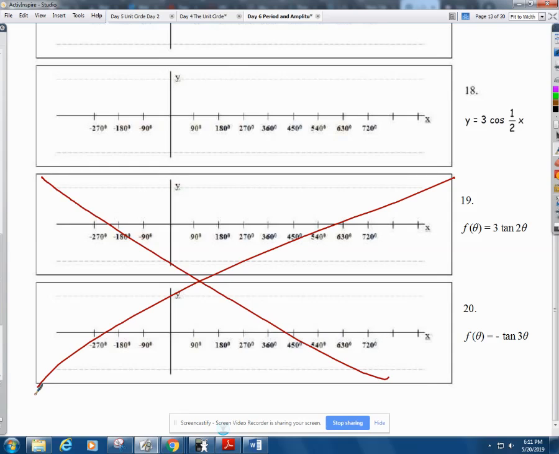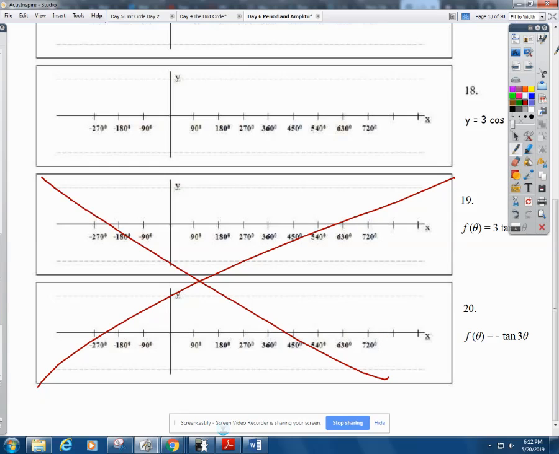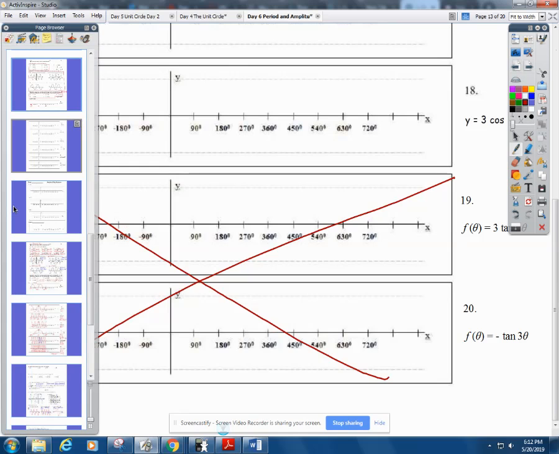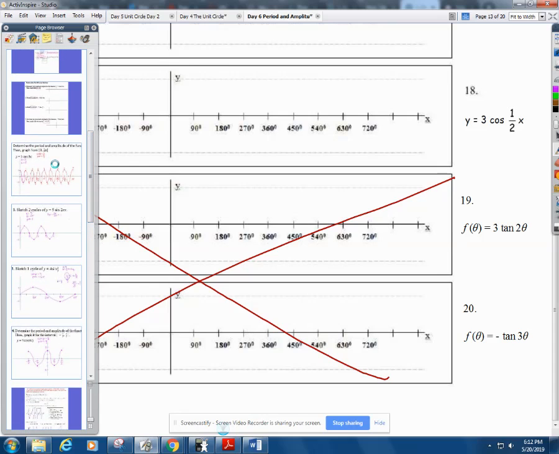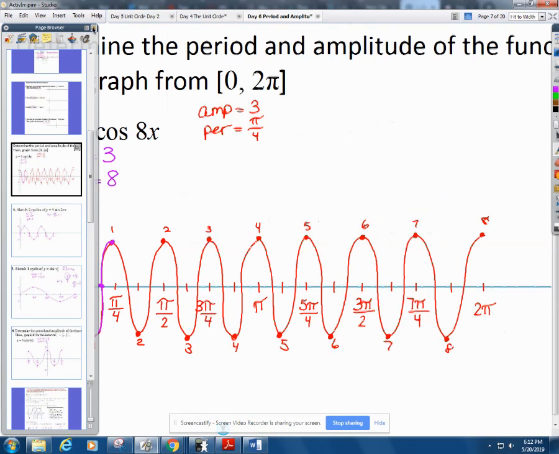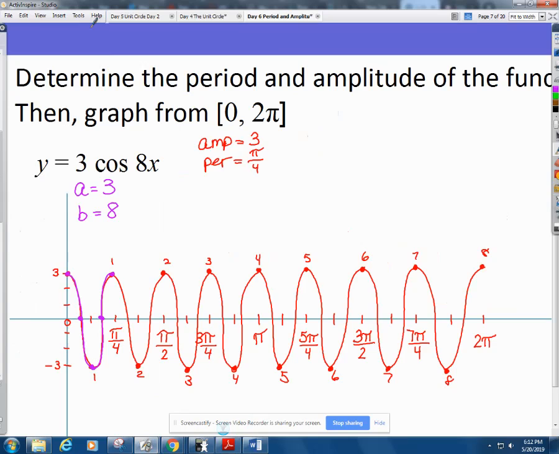Okay, so for your classwork, like I said, you're going to complete the 4 graphs on your own that are on page 27. And you can push play when you're done doing that, and I will show you those 4 graphs. All right, so here is the first graph on page 27.